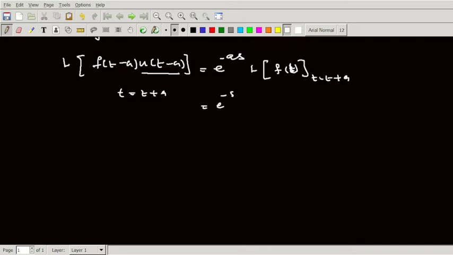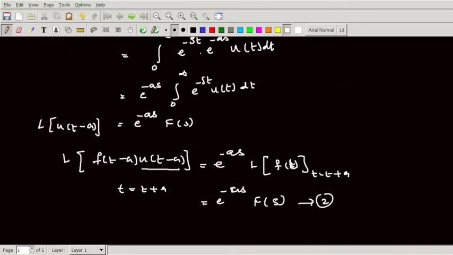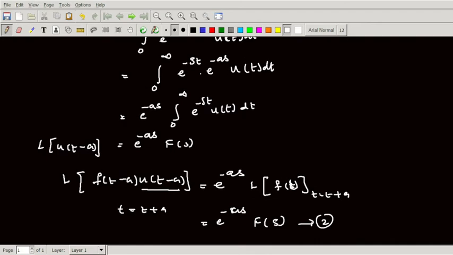After simplifying f of t, we can write it as e power minus as into F of s. We must remember both of these for solving problems.